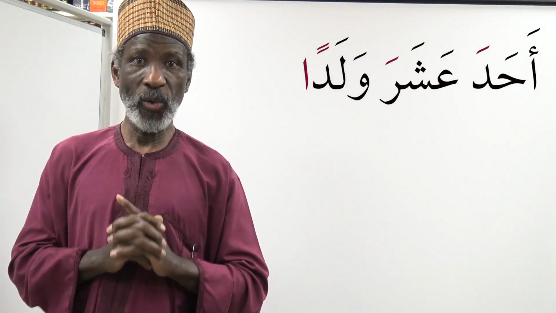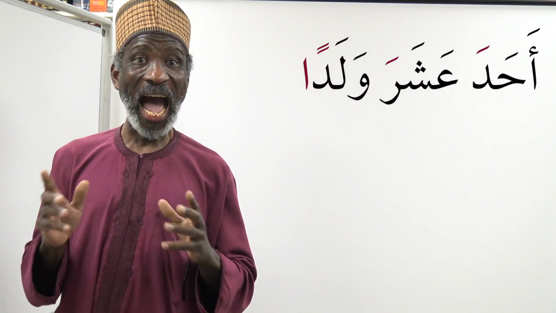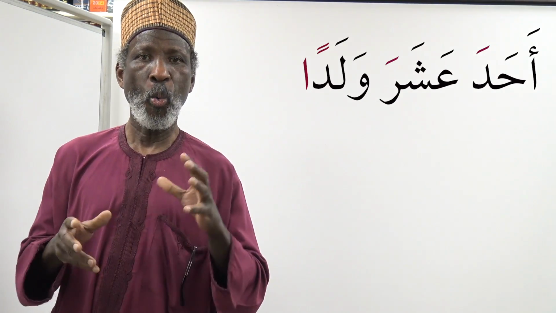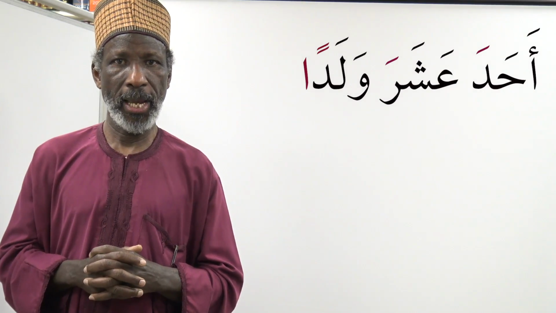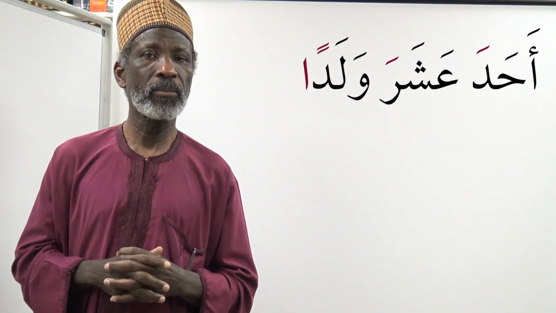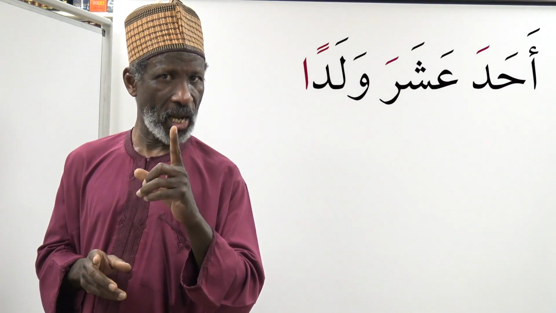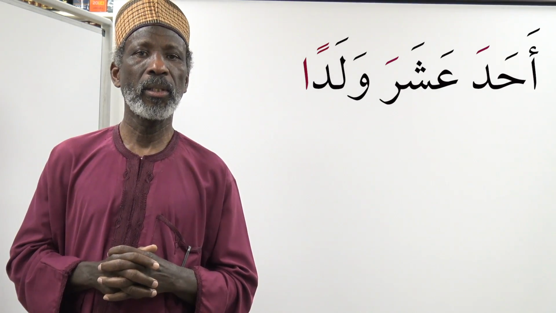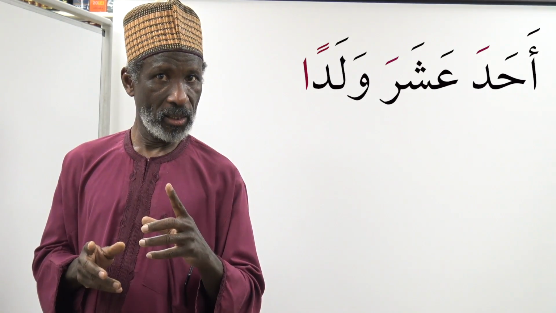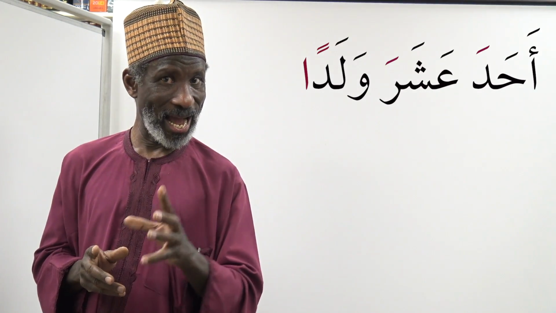Now, let's look at that phrase again. Ahada ashara waladan. Ahada, that's 1, and it's masculine and it's carrying fatha. Ashara, that's 10, and it's masculine and it's carrying fatha.